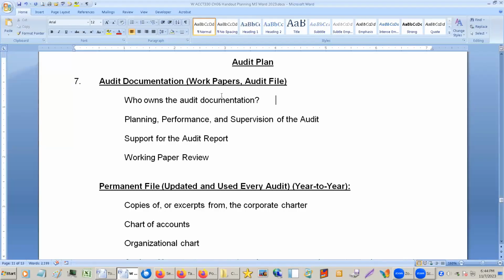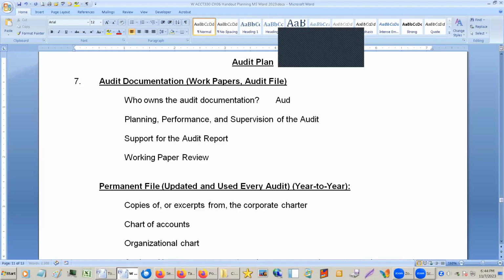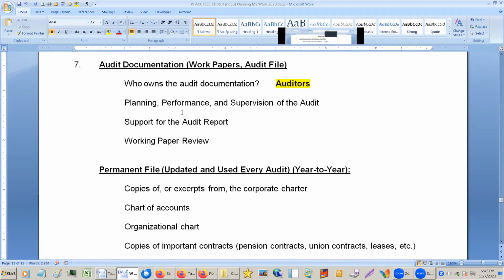Okay, so who owns it? The auditors. And they're evidence, let me put this in here. They're your evidence that you planned, performed, and supervised the audit up to the professional standards.